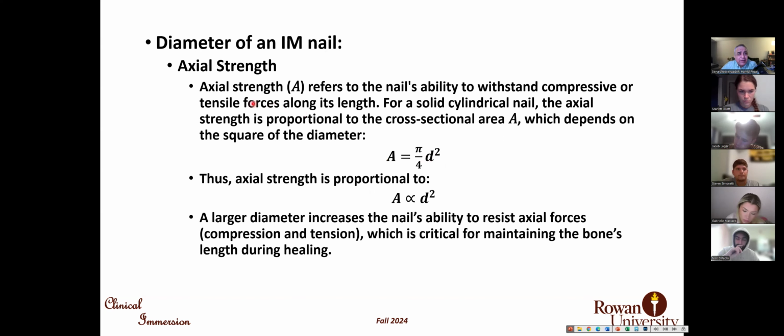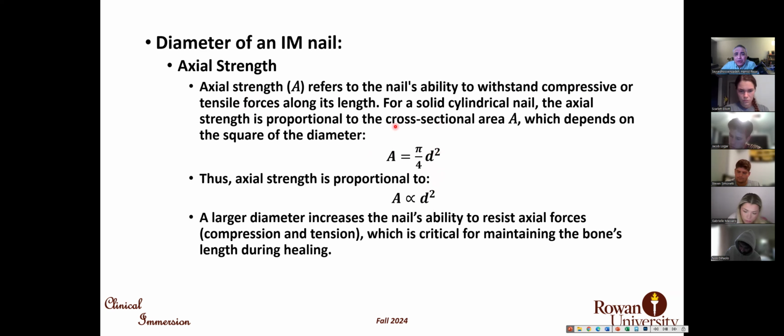And the last one is axial strength, which means the ability to resist or withstand compression or tension forces. This property is proportional to the second power of diameter.